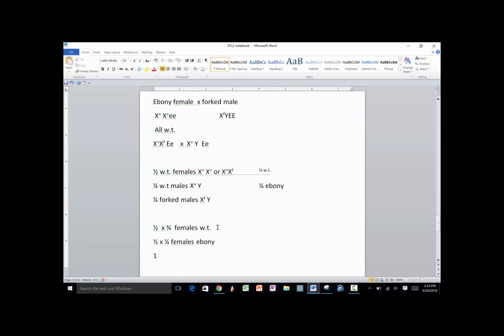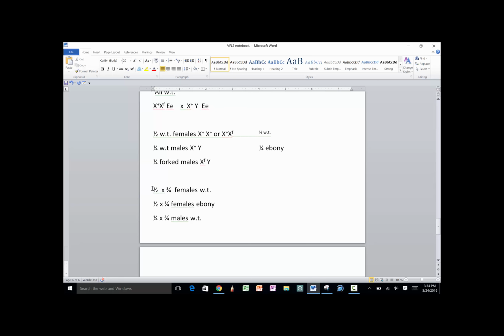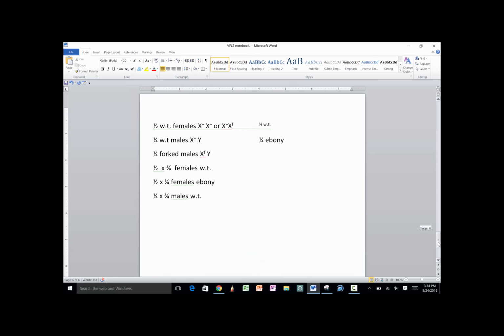We're going to have 1/4 times 3/4 that are wild type males that are also wild type for ebony. So they're just going to be wild type for both. I'm going to move this down so we can move all at the same time. It's a lot easier if you draw it out. I'm sorry, I forgot my pen, but this is what we expect in the F2.